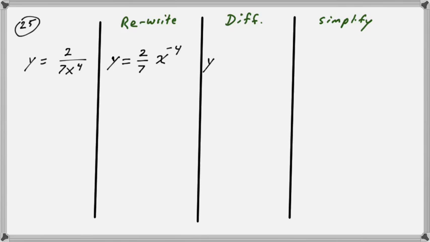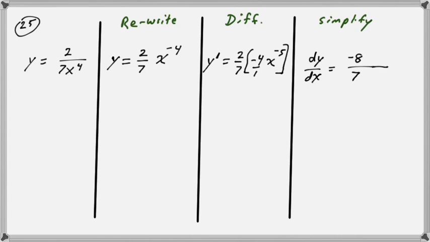Now I'm going to take the derivative, keeping the 2/7 out, power times base to the 1 less power. 1 less than negative 4 would be negative 5. Multiply your top times your top, and I think that's negative 8. Multiply bottom times bottom is 7. And that x to the negative 5 would move to the bottom and become an x to the positive 5. So if you follow this procedure, it truly can help.